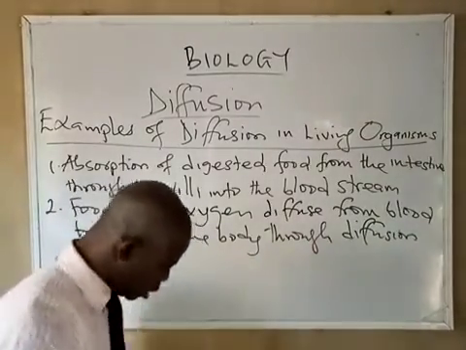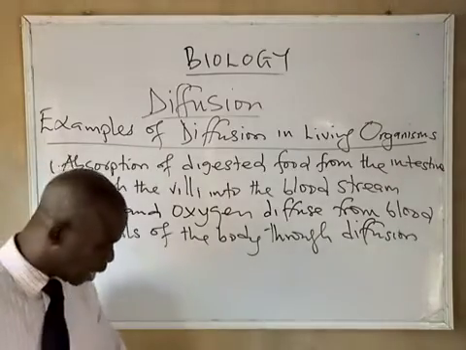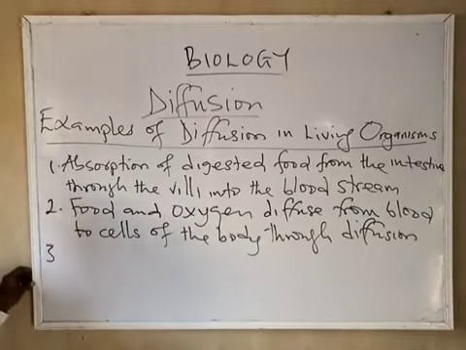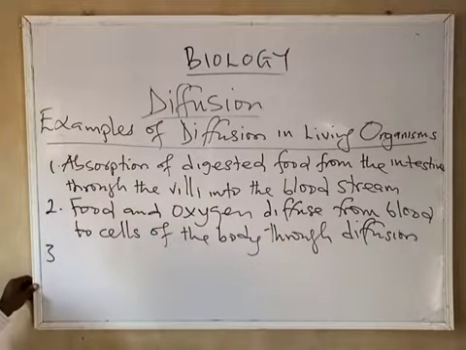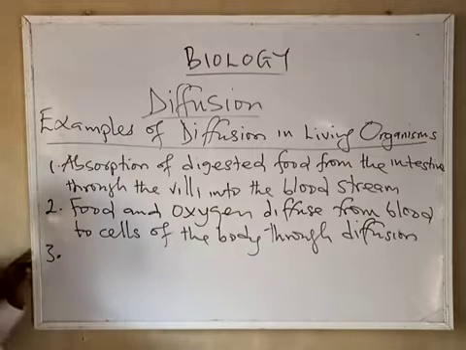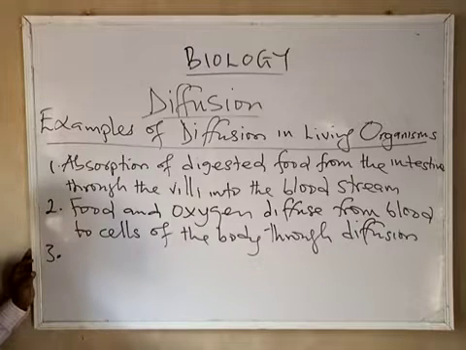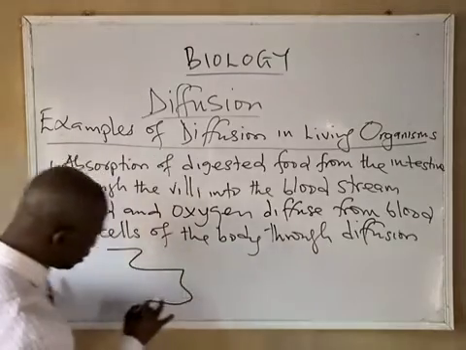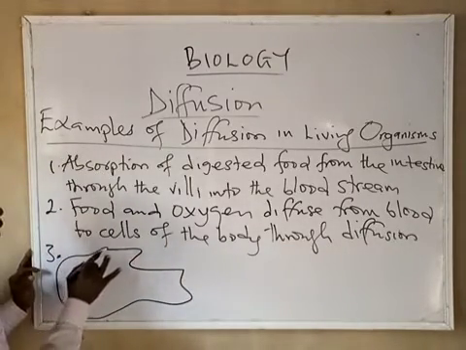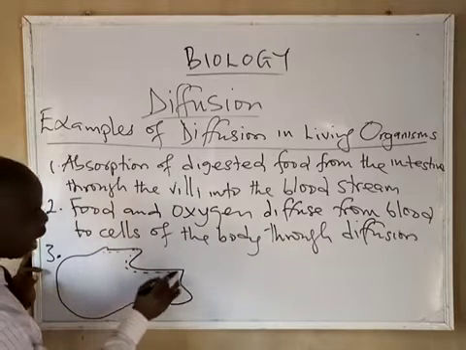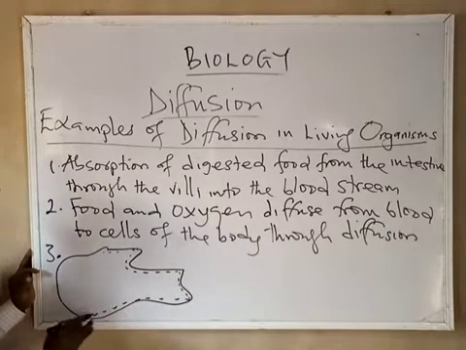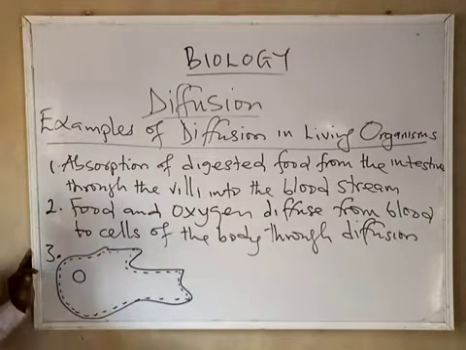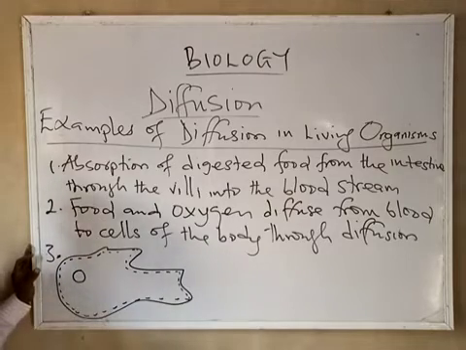Another example is that in organisms like amoeba, the exchange of gases between the surrounding water and amoeba is by diffusion. For example, that organism is like this. If this is our amoeba, it's a protozoa, and it lives in water.